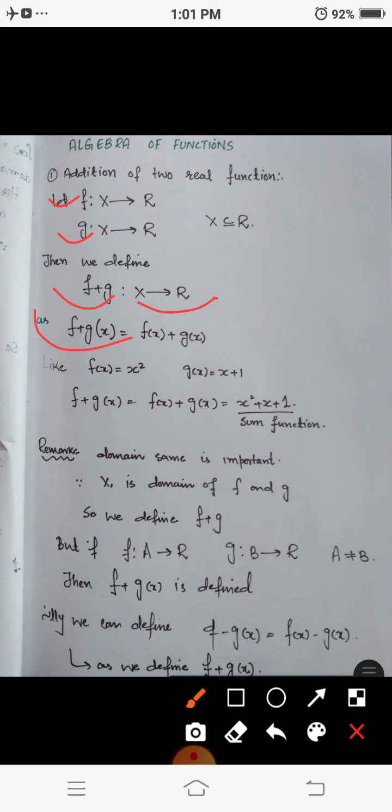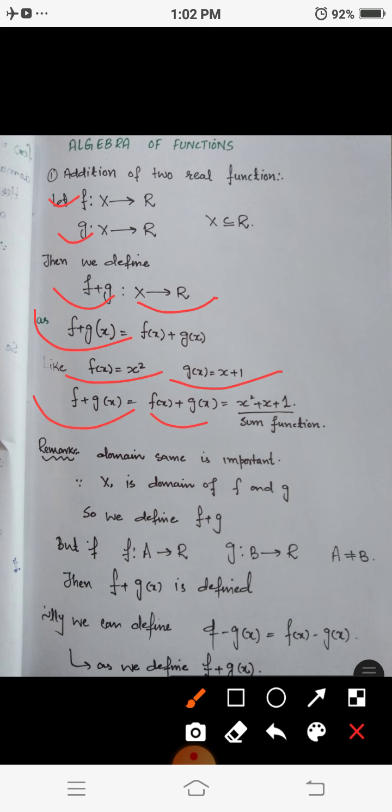Like if we consider f(x) is x squared and g(x) is x plus 1, here we have two functions, both defined on R, so X is R. So f is a function from R to R, and g is a function from R to R. Then we can have the sum function, denoted by (f plus g)(x), which equals f(x) plus g(x). f(x) is x squared, g(x) is x plus 1.